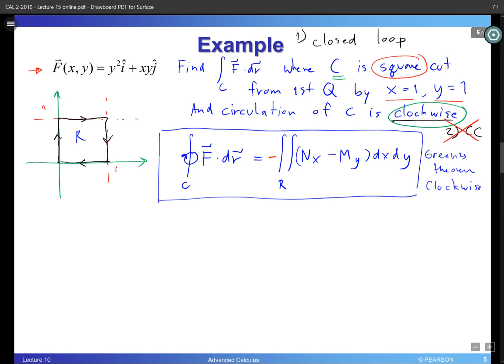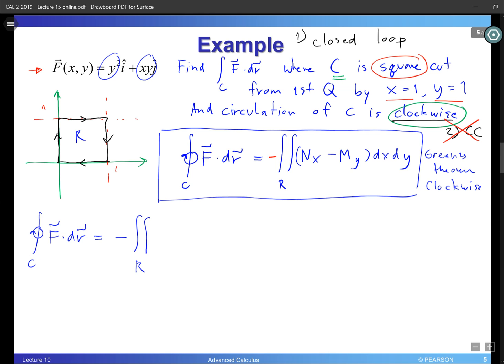Well, let's try using this to find the answer for this problem. So we have this F up here, and this is M, and this is N. So using this formula, closed loop, clockwise along this curve, F dot dr is going to be equal to minus the double integration over this region R, which is a square.